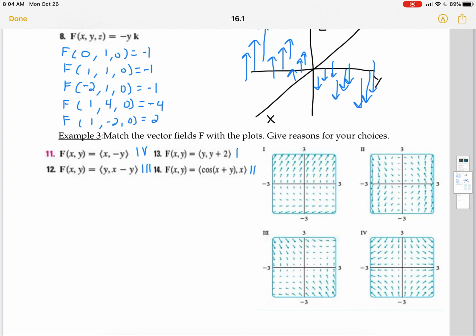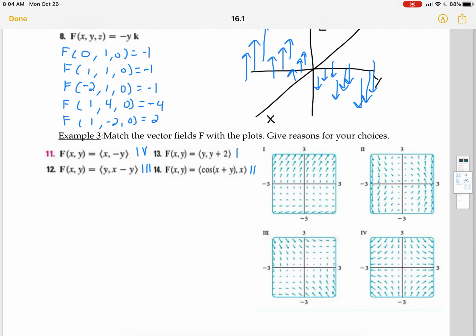So again, one thing when you're looking at these is, okay, you know what values you're going to get in the quadrants. You know that in quadrant 1, x is always positive, y is always positive. And so I can look at the function that I have, look at my components and see, okay, which one matches that. So for 12, it looks like we correspond to graph 11.